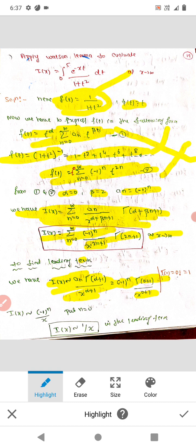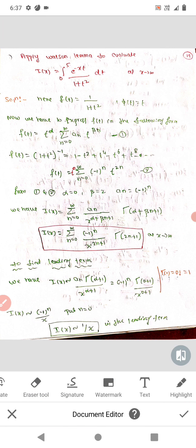We know gamma of 1 is equal to 0 factorial, and 0 factorial value is 1. Therefore I of x is approximated to minus 1 to the power n by x. If we put n equal to 0, then we get I of x approximated to 1 by x. So this is the leading order term. Thank you.